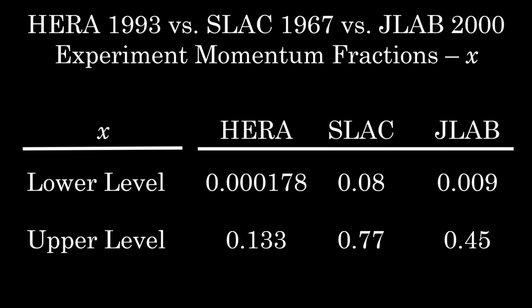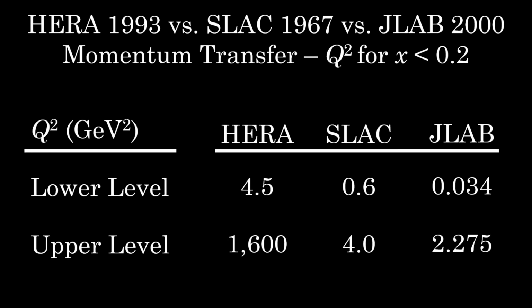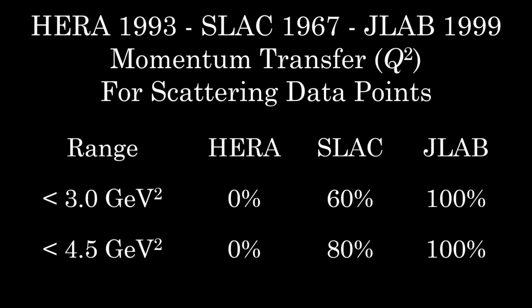The momentum fractions of the JLab experiments ranged from x equals 0.009 to x equals 0.45, which included the low x range not covered by SLAC, and their momentum transfer values spanned from Q squared equals 0.034 GeV squared to Q squared equals 2.275 GeV squared, comparable to the range of the SLAC experiment values. The Q squareds of all the JLab data points fall within the range of the SLAC momentum transfers.